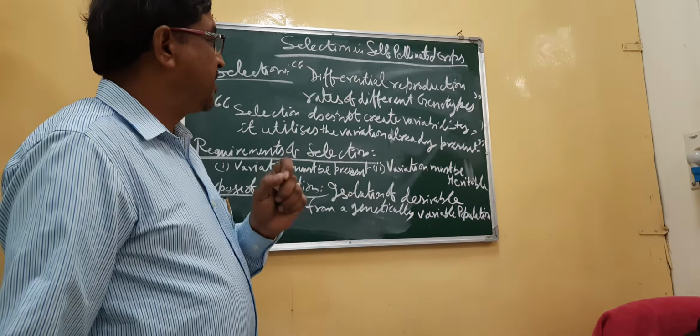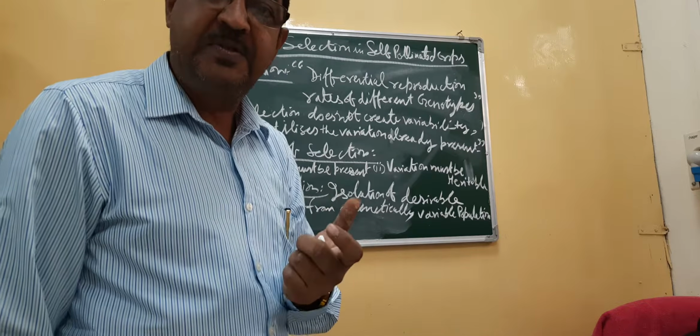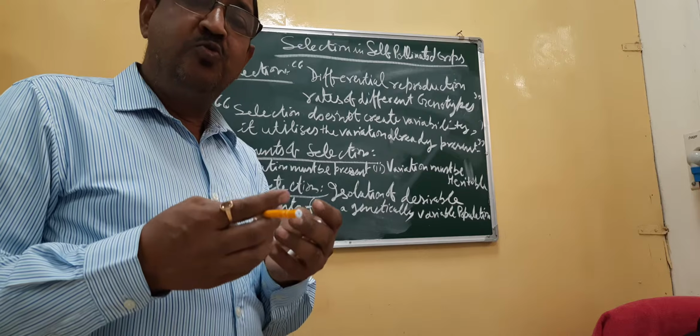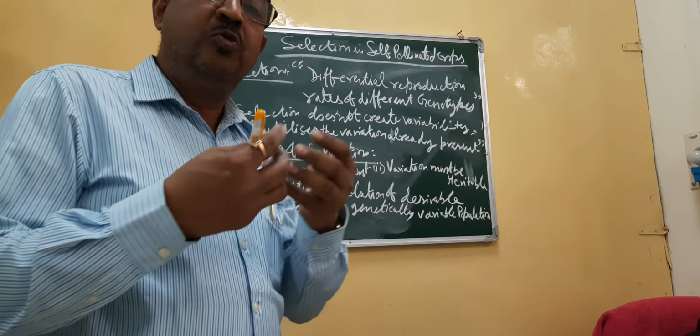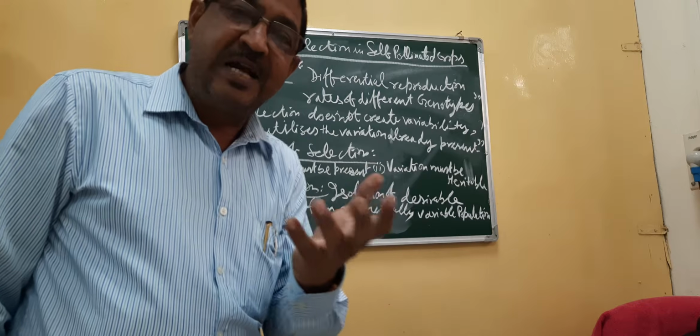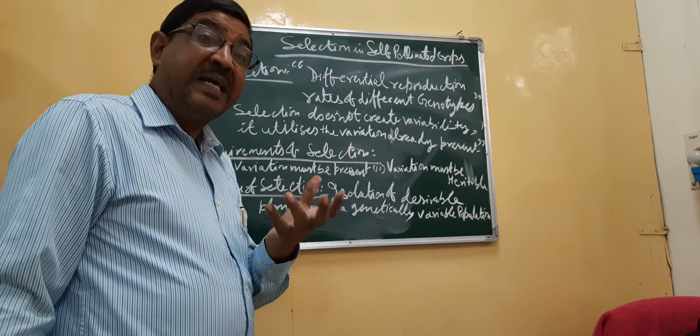Differential reproduction rates of different genotypes means different genotypes are available in the population. You are allowing only those to reproduce which are desirable. On that basis you are making selection.